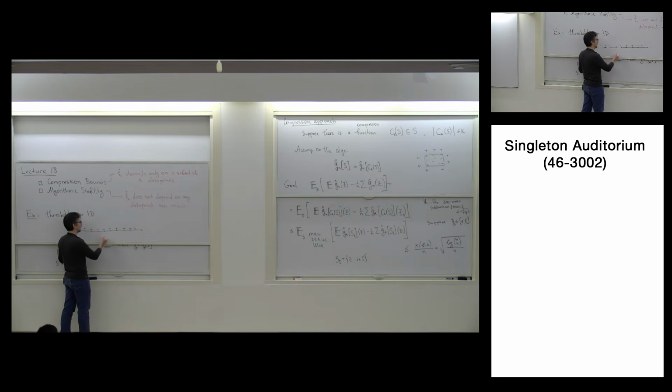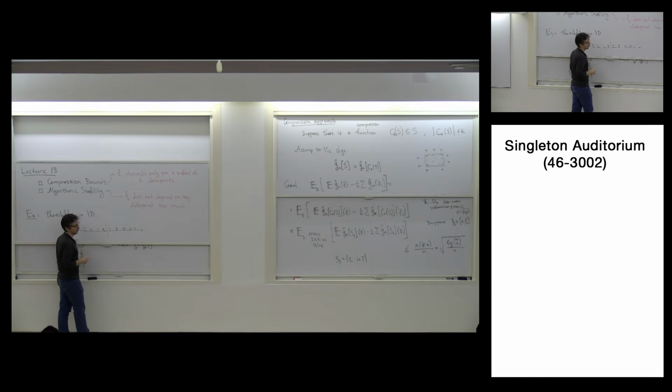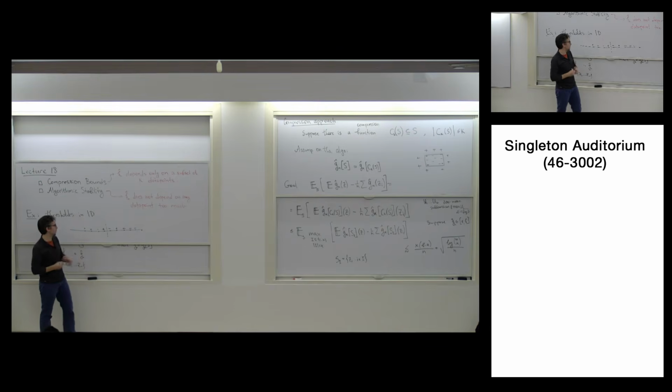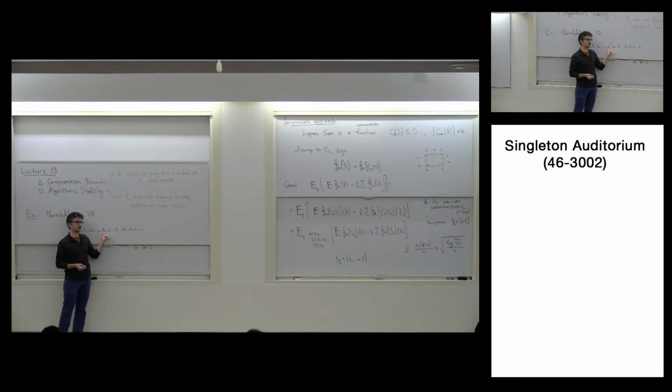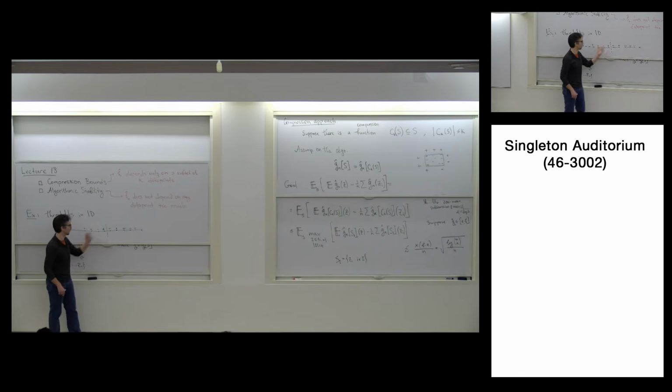So let's say like that. This is going to be my minimizer, and it has the property that the plus has to be on the left of the minus. Otherwise, I can improve my empirical fit to data by 2 over n, or 1 over n.